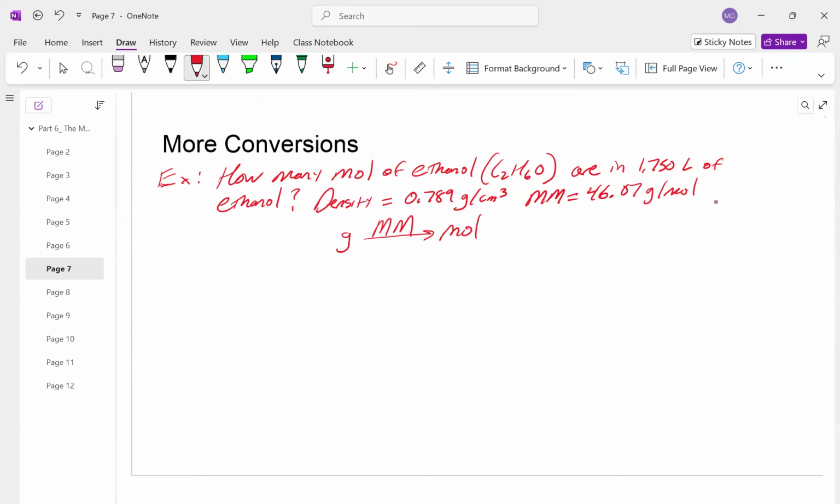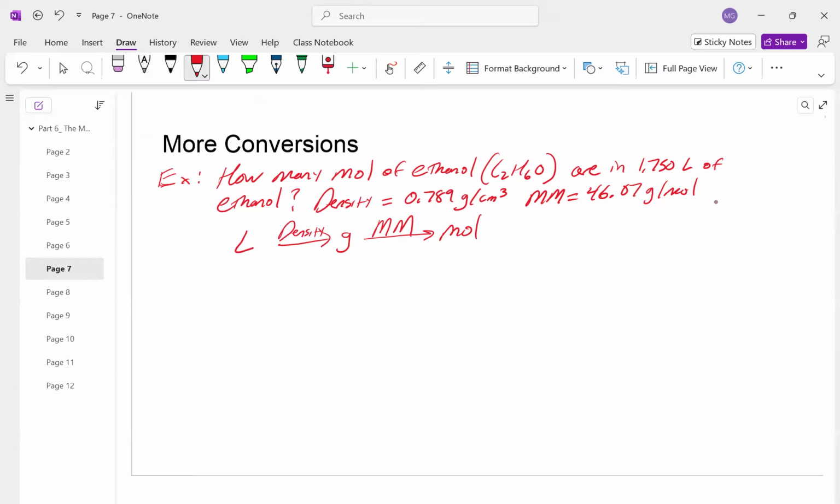I was given 1.750 liters. What is liters? What is that a measure of? That's a measure of volume. So how do I go from a unit of volume to a unit of mass? I want to use the density. Okay, so that's kind of a crude flow chart for how I want to progress through my unit conversions.